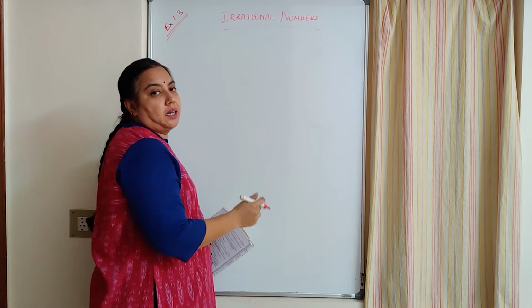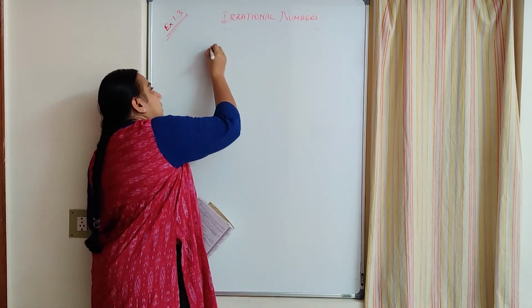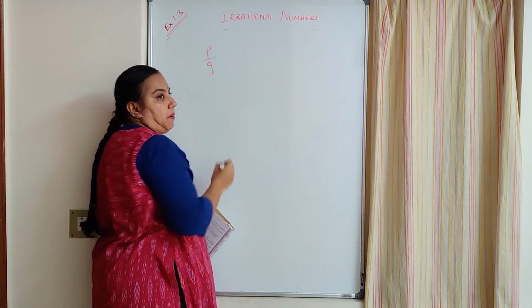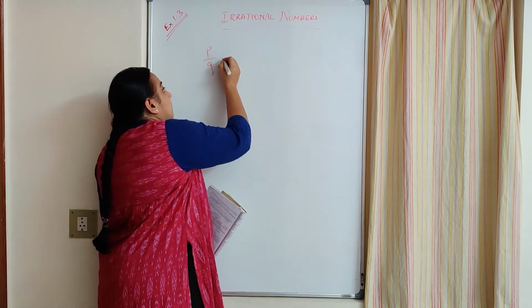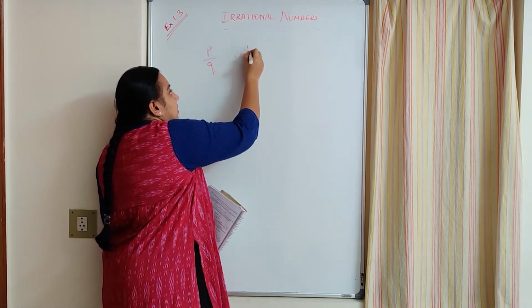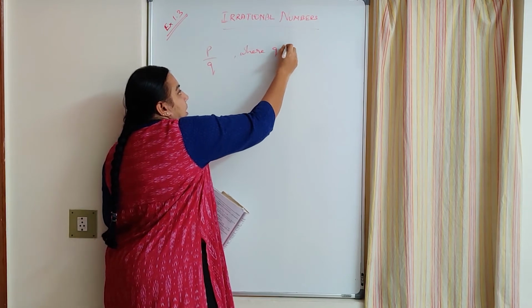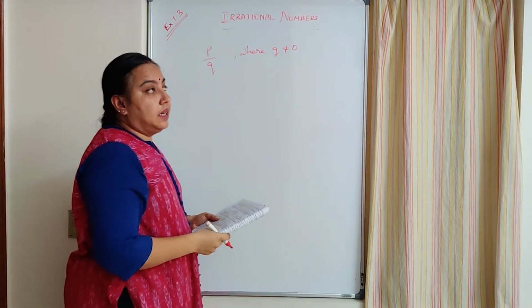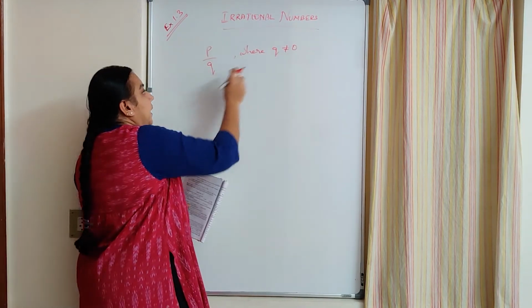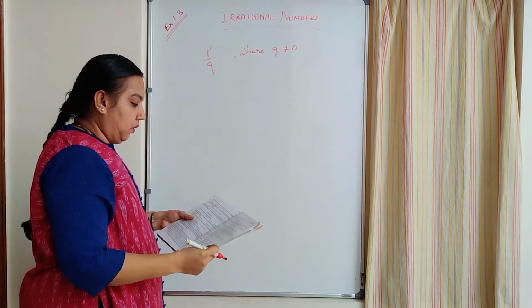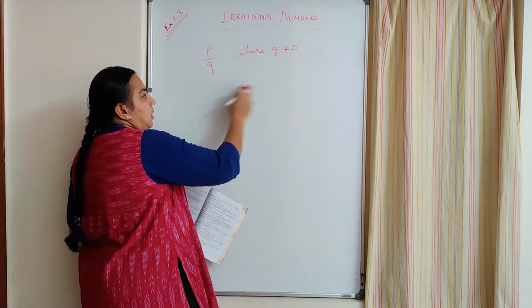What is an irrational number? Any number which can be written as p by q, where q is not equal to 0, and if the end result of this number is going to be continuous.